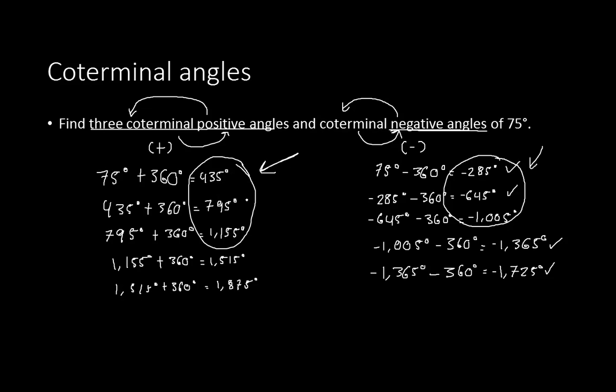This one is for the positive coterminal angles, and this one's for negative coterminal angles. But again, it's up to you. Just pick any three of these coterminal angles, and the same thing here on the right. All right, so that's it.